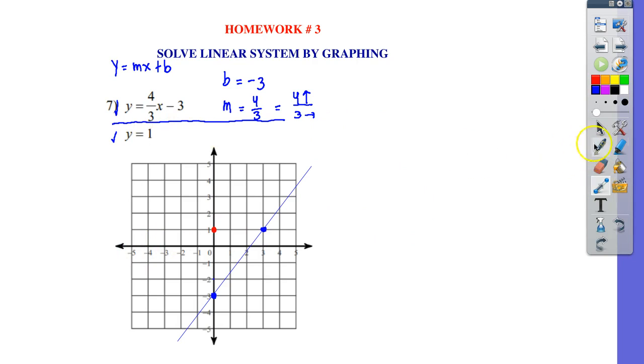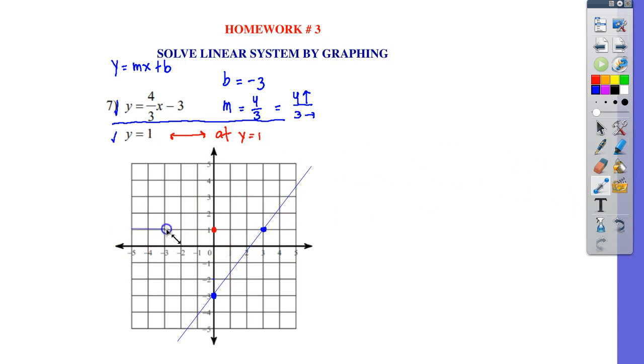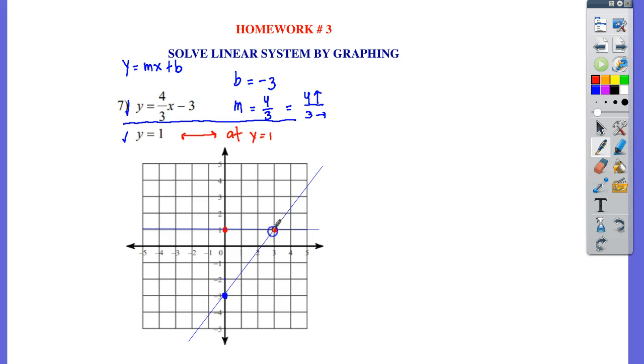So when you have y equals some number, that's a horizontal line at y equals 1. So right here, a horizontal line. So where are the 2 lines crossing? Right here. They're crossing at this point.